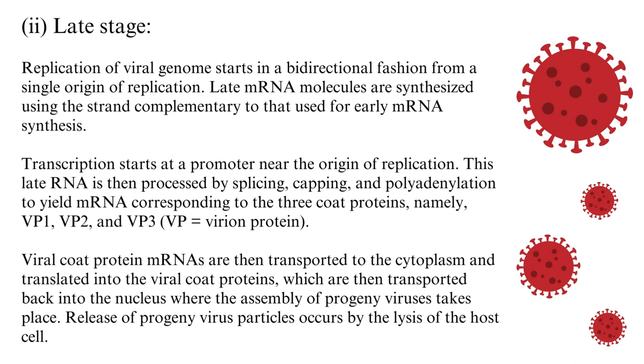This late RNA is then processed by splicing, capping, and polyadenylation to yield mRNA corresponding to the 3 coat proteins, namely VP1, VP2, and VP3. Viral coat protein mRNAs are then transported to the cytoplasm and translated into the viral coat proteins, which are then transported back into the nucleus where the assembly of progeny viruses takes place. Release of progeny virus particles occurs by the lysis of the host cell.